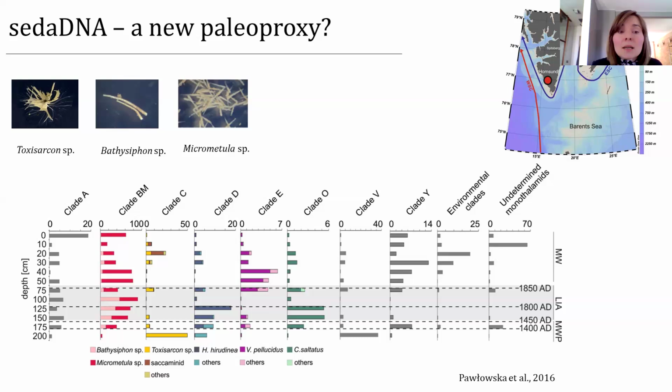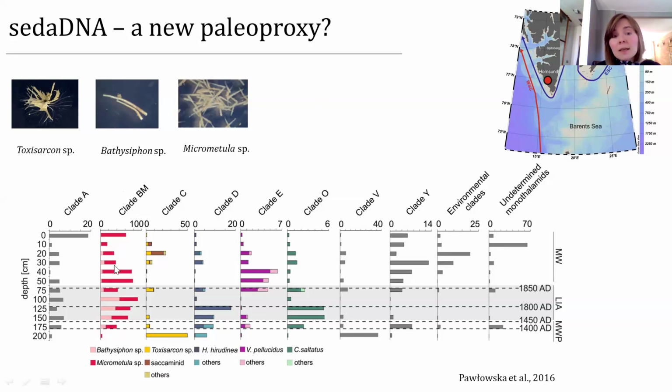We can see clear shifts in the percentages of monothalamous foraminifera sequences from the medieval warm period, which was dominated by Toxisarcon and Clade P sequences, to the onset of the Little Ice Age, dominated by Batesiphon sequences.